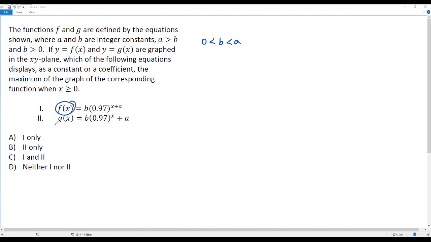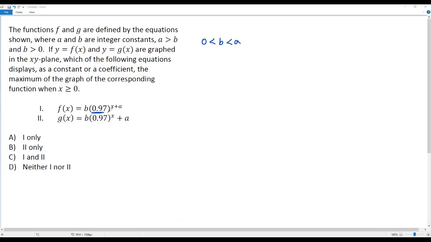But our aim is to get the maximum value of the function f of x. Here in this one b is a constant. So the maximum value of this function f of x will be decided by this power because it contains a variable x. So based on the value of x, the value of this power will be maximum. Let's consider the base of this power, that is 0.97. It is a value between 0 and 1.